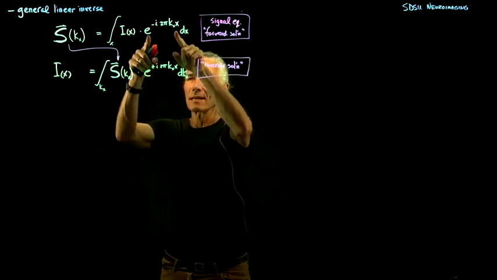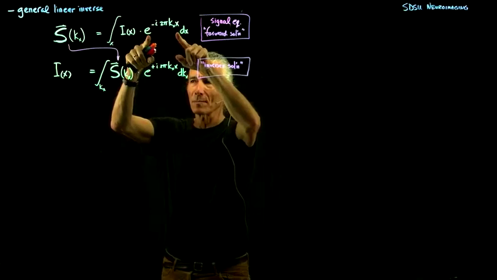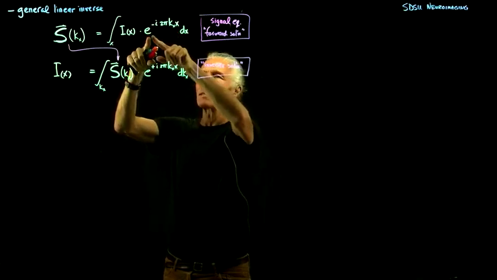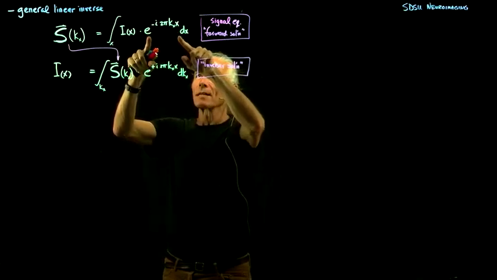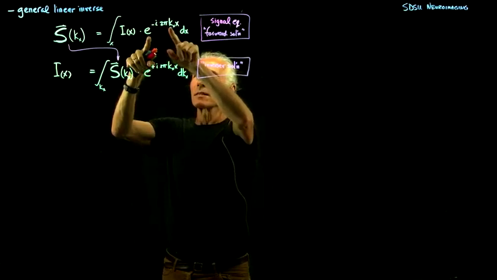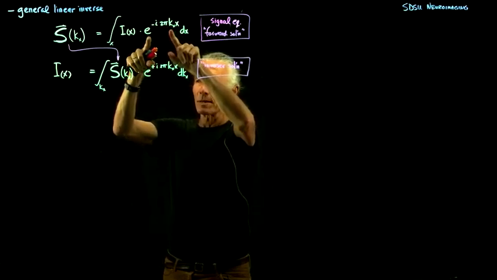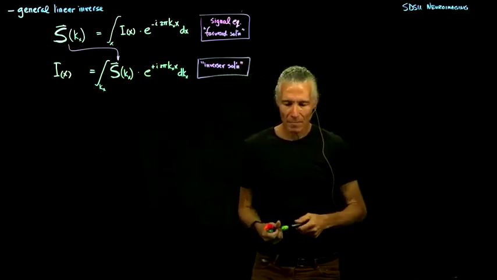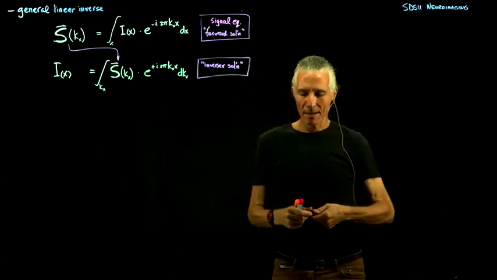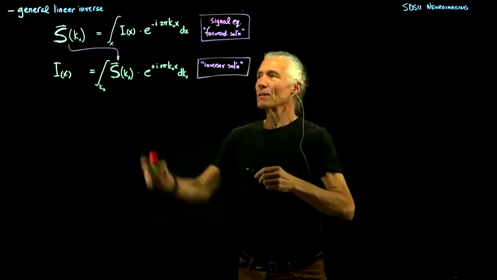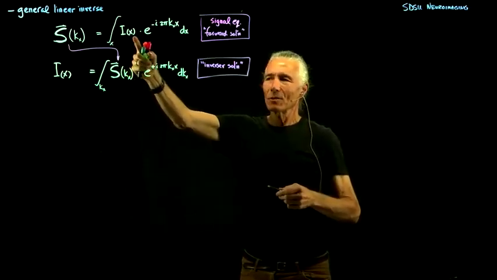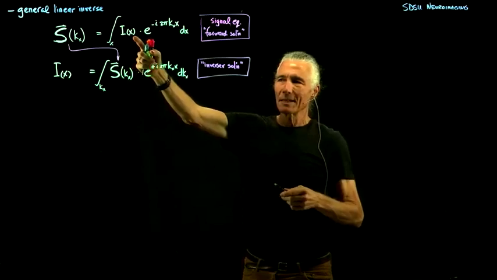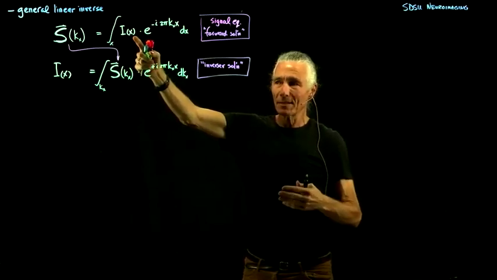But this thing is actually a square of numbers, because you need a value for this thing at each x point, but also at each spatial frequency point. So if you look at it that way, then we can just rewrite this as a linear transformation, because that's actually what it is.